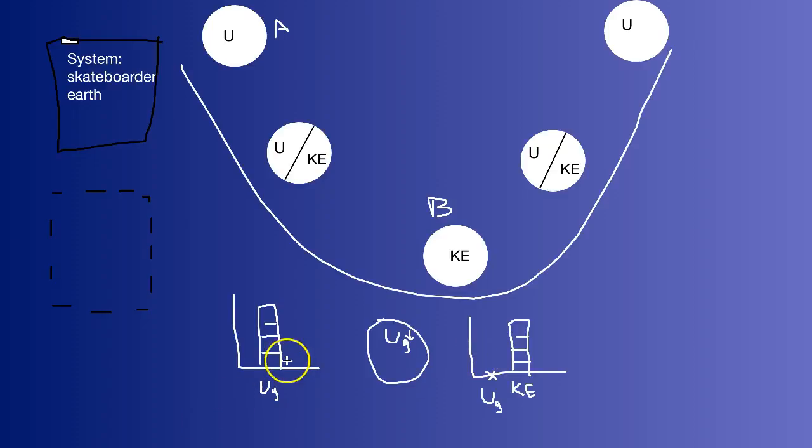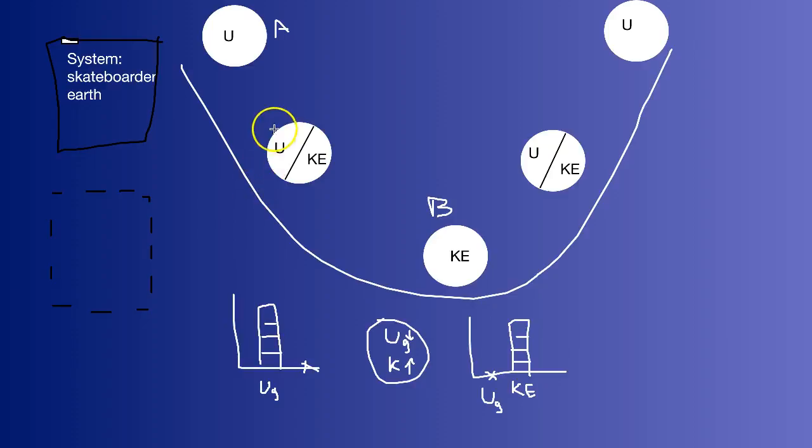Okay, and so for kinetic energy, at the end we had 4 boxes, at the beginning we had none, so there was an increase in kinetic energy from 0 all the way to 4 boxes. And again, the number of boxes is arbitrary, but this allows us to illustrate that transformation.